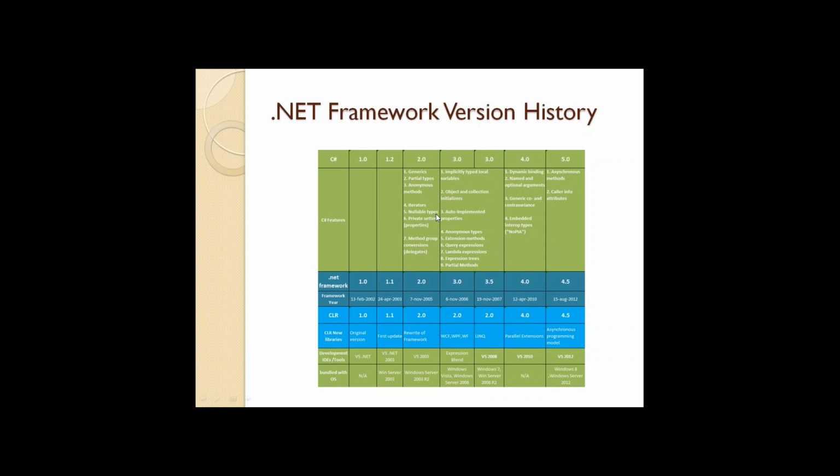These are the features of C Sharp 2.0. And 3.0 has implicitly typed local variables, object and collection initializers, auto-implemented properties, anonymous types, extension methods, query expressions, lambda expressions, expression trees, partial methods, and 4.0 has dynamic binding, named and optional arguments. You can see these features version by version.